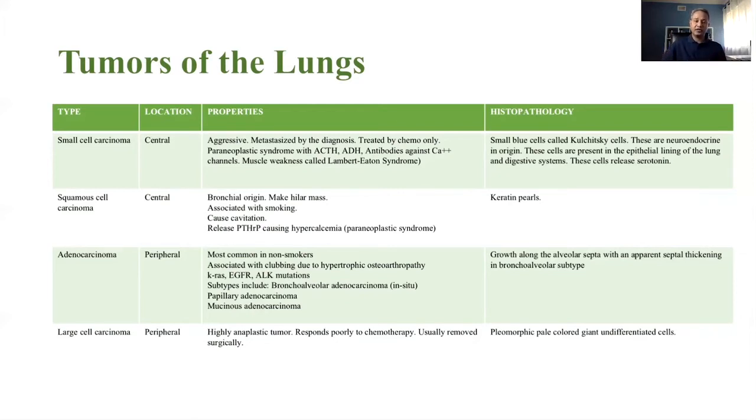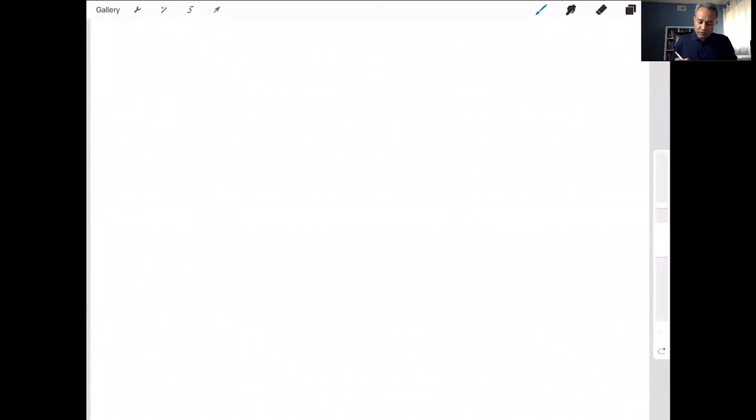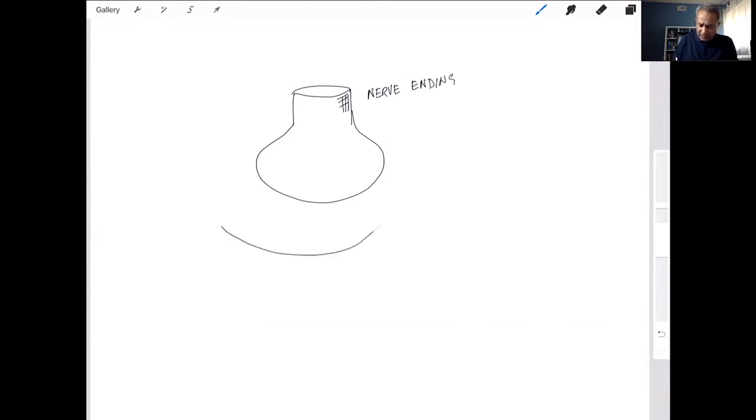So let me show you quickly how that works. Let's say this is a neuromuscular junction. This is the nerve, and here is the muscle end plate.